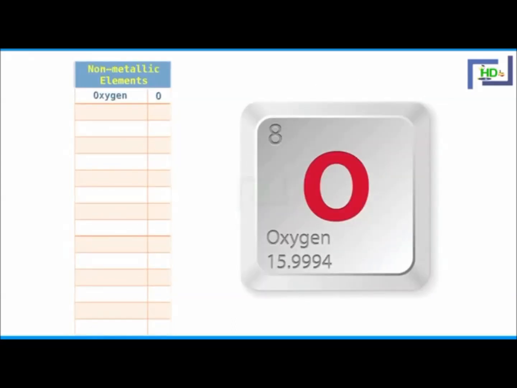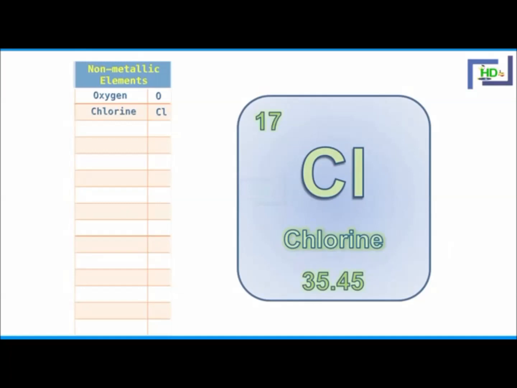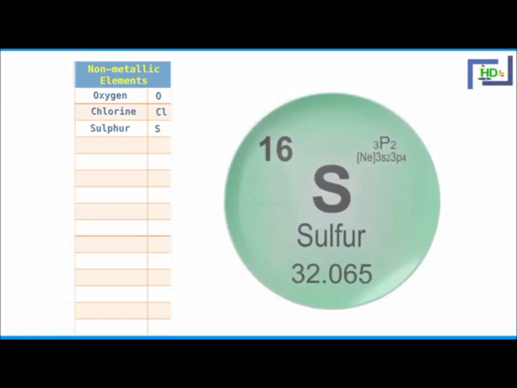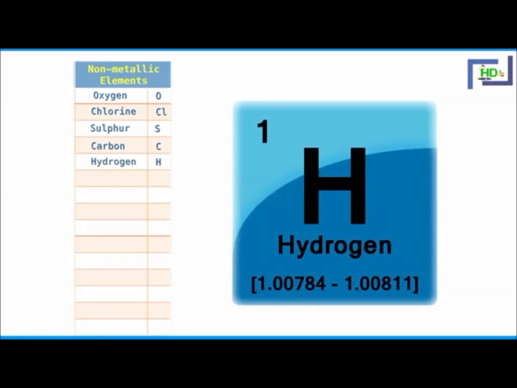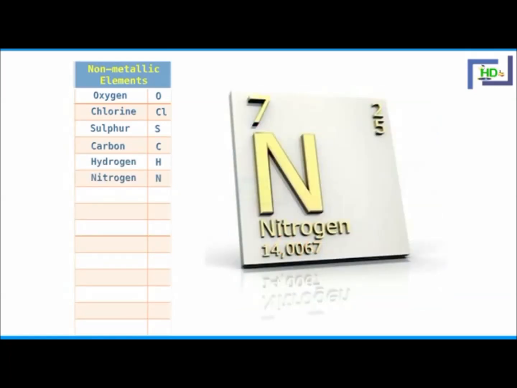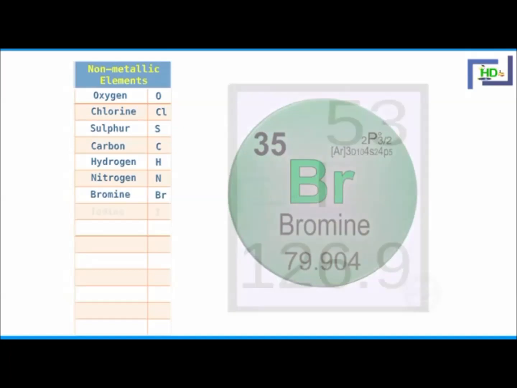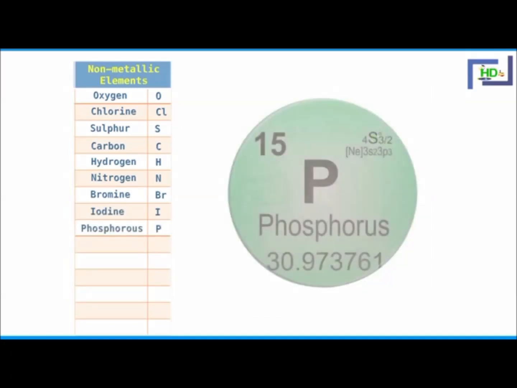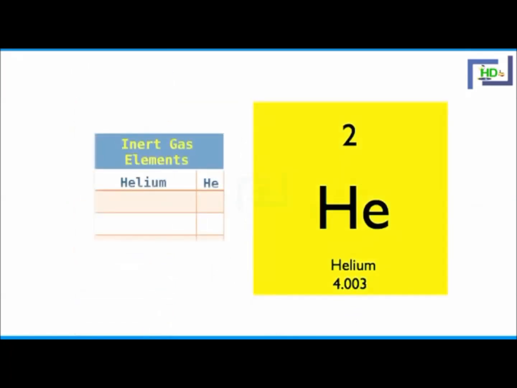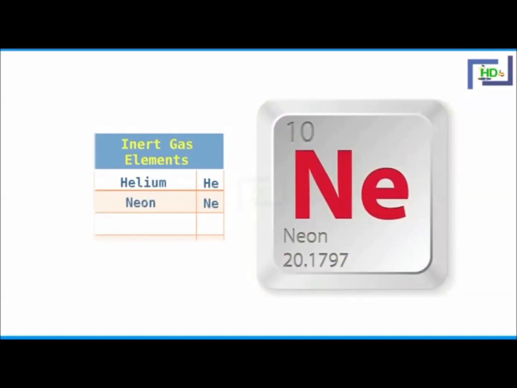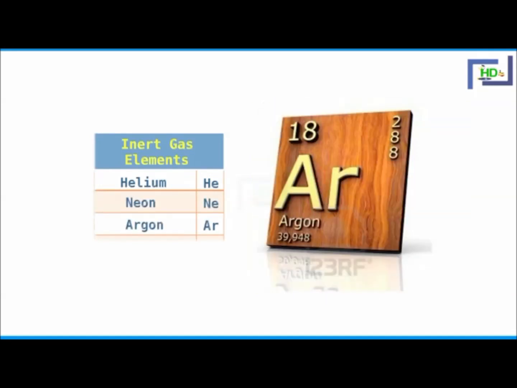For non-metallic elements, oxygen O, chlorine Cl, sulfur S, carbon C, hydrogen H, nitrogen N, bromine Br, iodine I, phosphorus P, silicon Si, and the inert gas elements helium, represented with He, neon Ne, argon Ar.